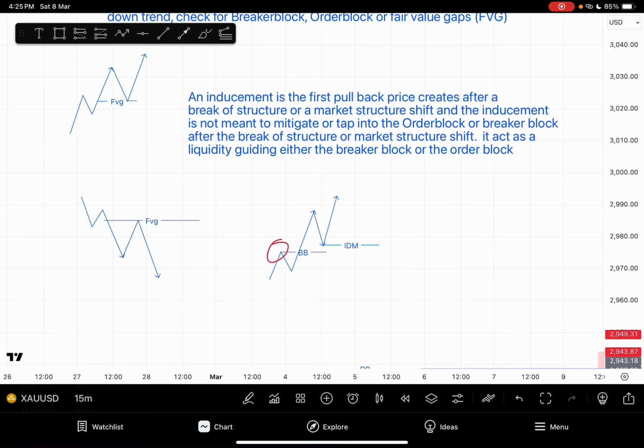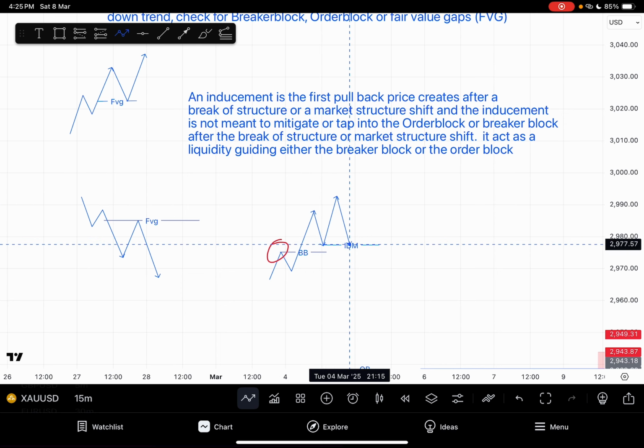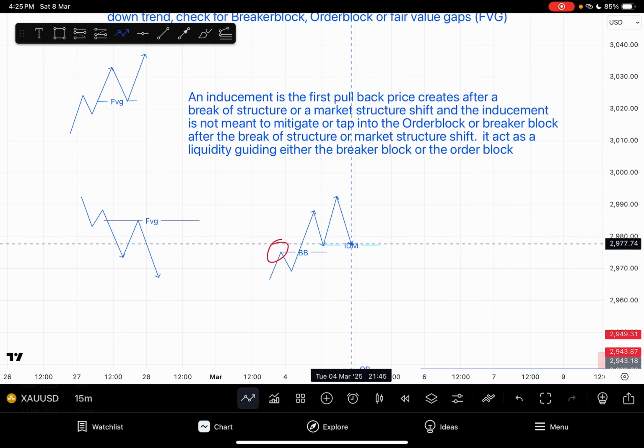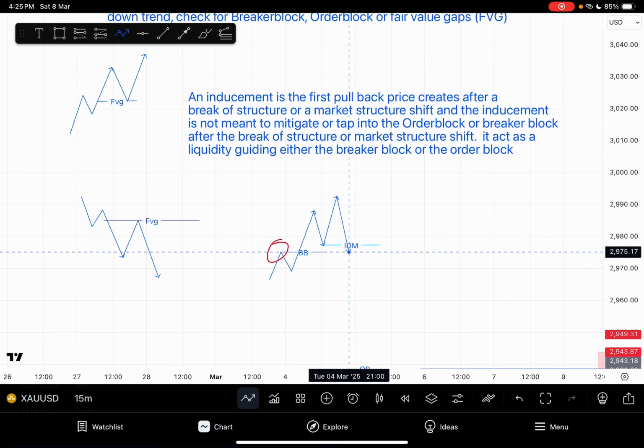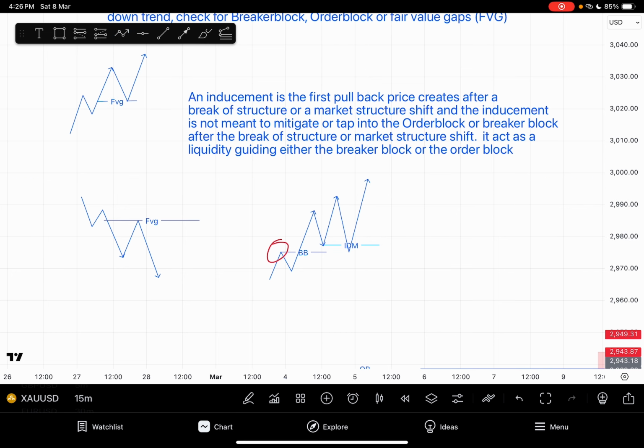So now when price comes for that liquidity, price always aims for liquidity. When price comes for the liquidity, it will sweep out this inducement, which is the liquidity, then tap into the breaker block before distribution to the upside.